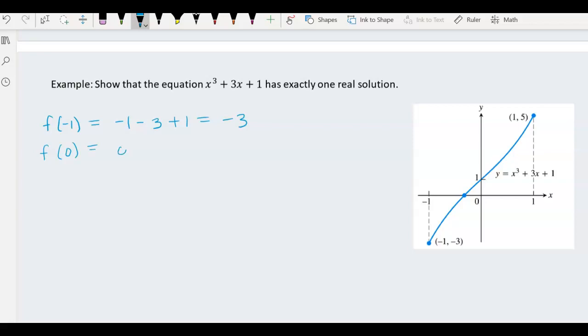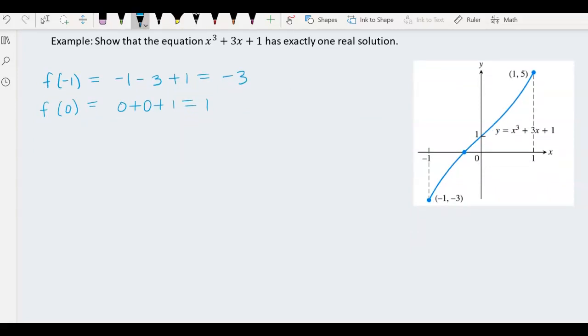And if I plug 0 in there, I'm going to get 0 plus 1. So the output is 1. But the intermediate value theorem tells us that if you've got these two y values, one below the x-axis and one above, that the function, because it's continuous, has to pass through the x-axis at some point. We know that this function is continuous because it's a polynomial, and all polynomial functions are continuous.